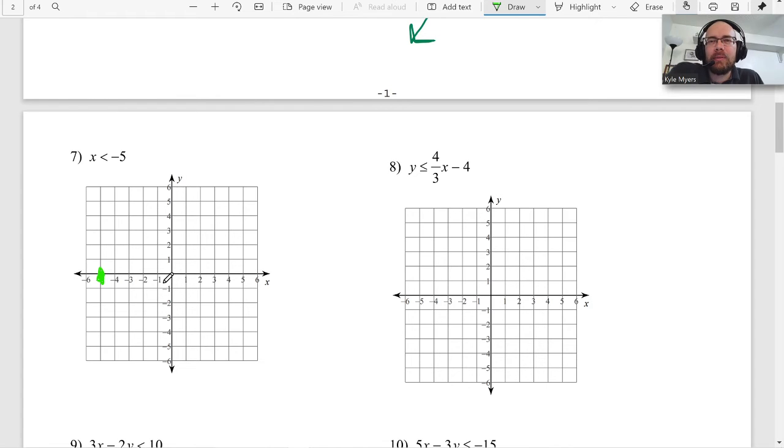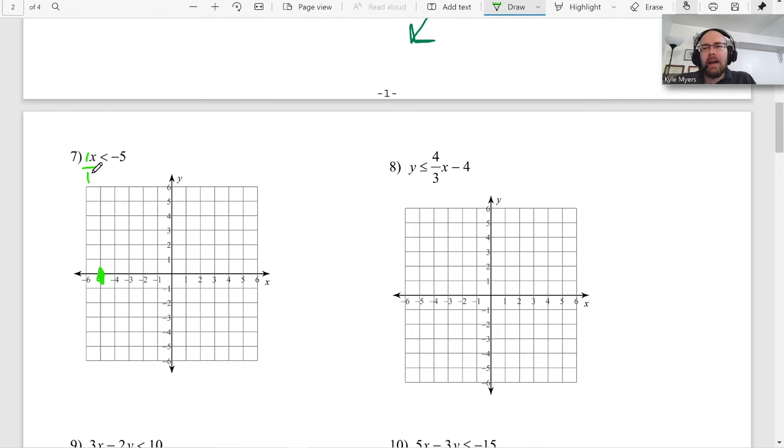Okay, but now what? What's the slope? Because we have an x, but there's no y. So is the slope 0? Well, there's an x, so the slope's not 0. But there's no y. If it had some sort of slope, it's like 1, but there's no y, so that has to mean something. Well, here's the thing.